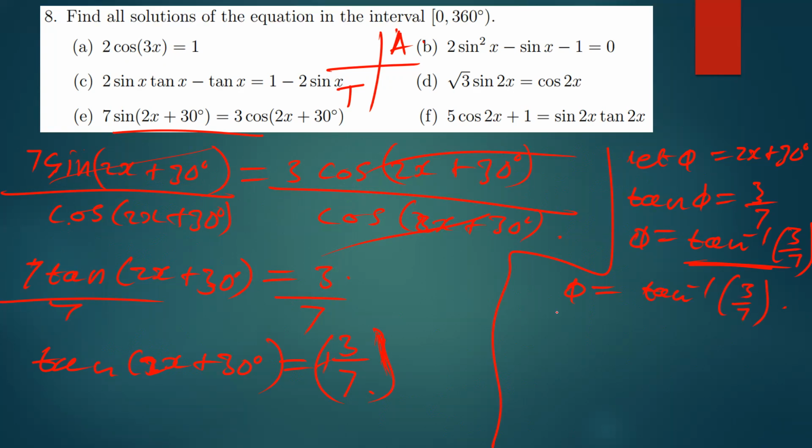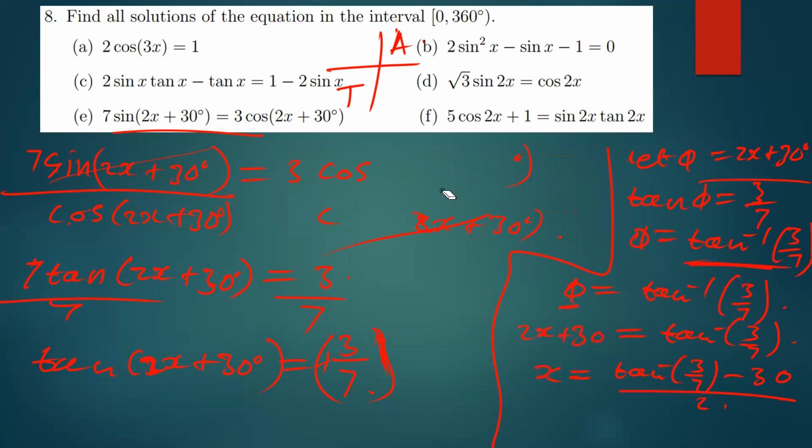And therefore, since phi is 2x plus 30, we say 2x plus 30 is equal to tan inverse of 3 over 7. To find the value of x, you make x the subject of the formula. So this will be tan inverse of 3 over 7, minus 30, everything divided by 2. So this is your first solution.